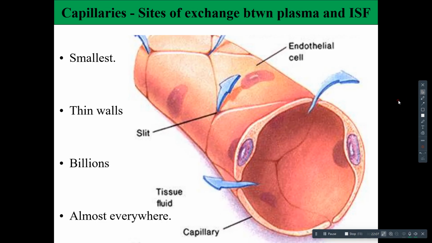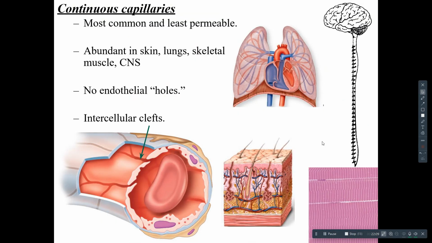All right. Let's talk about the 3 basic kinds of capillaries. The most common type and least permeable type of capillary are these guys known as a continuous capillary. So this is a pic of a continuous capillary down here. So check out the simple squamous epithelial cell.